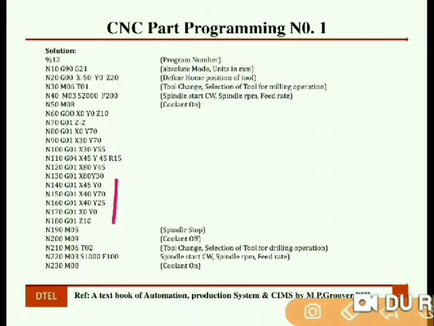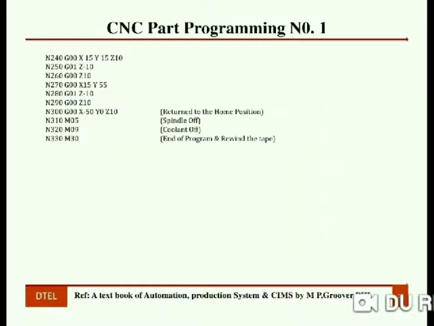Spindle RPM is 1000 and the cutting tool feed rate is F100 mm per minute. Again we need to start the coolant, that is sequence number N230 M08, coolant on. Now in the next slide.